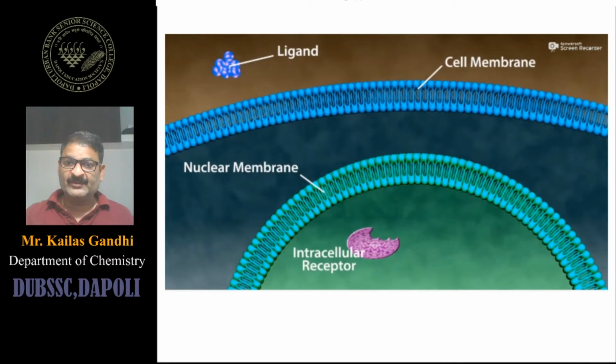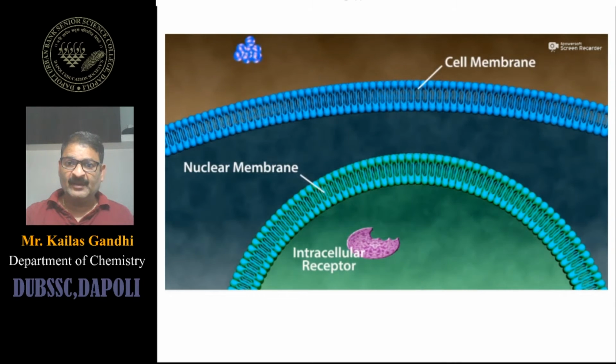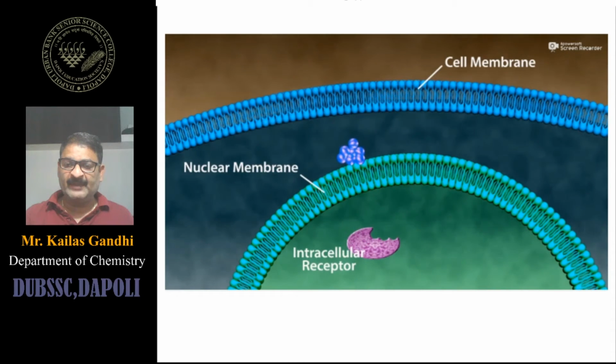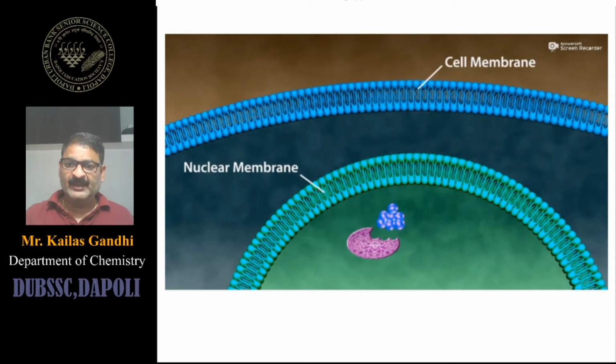And the last, the fourth type, is the intracellular receptor. In the intracellular receptor, ligands first pass through the cell membrane and go into the cell. After that, they pass through the nuclear membrane, and then get attached to the intracellular receptor for the further response.